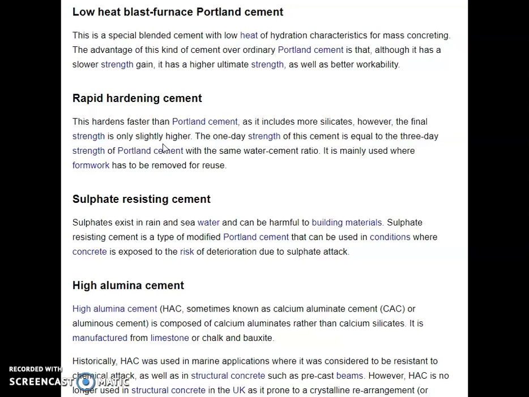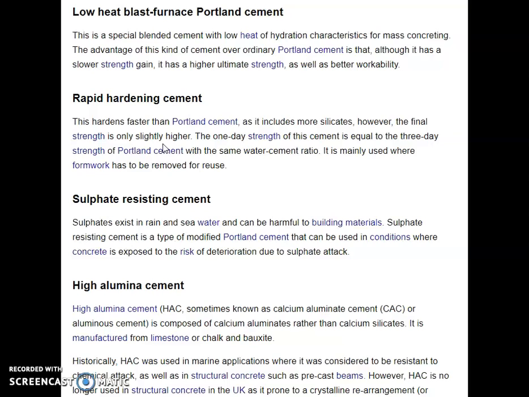Next is sulfate resisting cement. Sulfate exists in rain and sea water and can be harmful for building material. When you do this test of durability, in any structures, you test it for this exposure to sulfates and chemicals and all that. Why? Because these sulfates can erode, can deteriorate the structure.